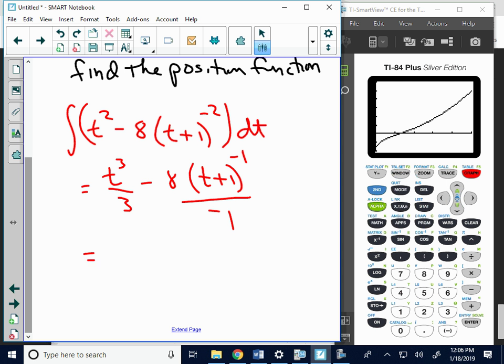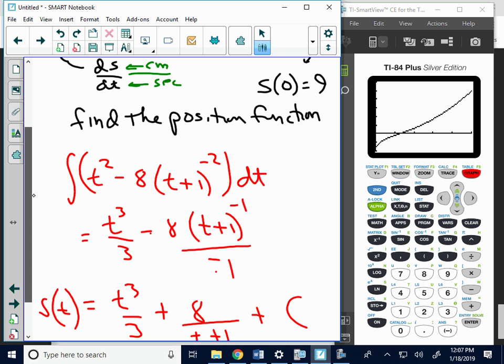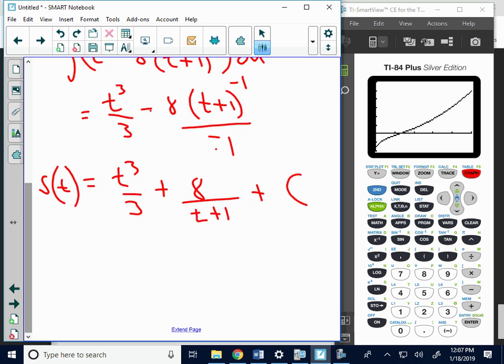This is t cubed over 3 plus, right, minus is plus, 8 in the numerator over t plus 1, plus a constant. So this is now the general solution to the position equation. We've got the position, but we don't know what c is yet. But they did tell us for this problem, s of 0 is 9. So let's put that condition in.